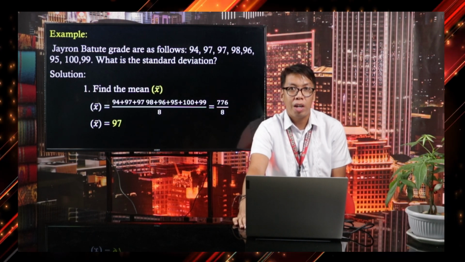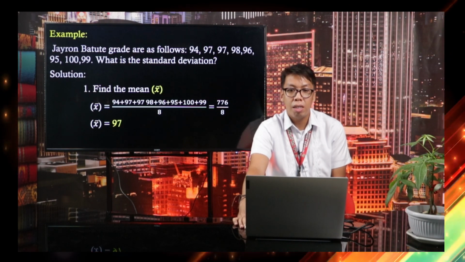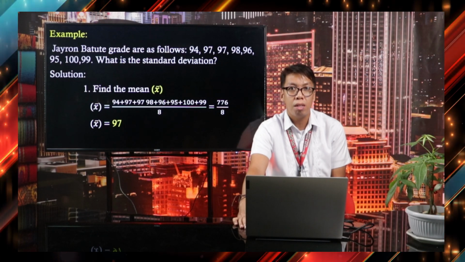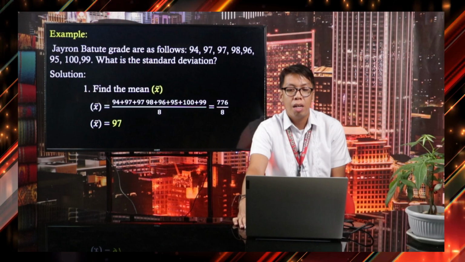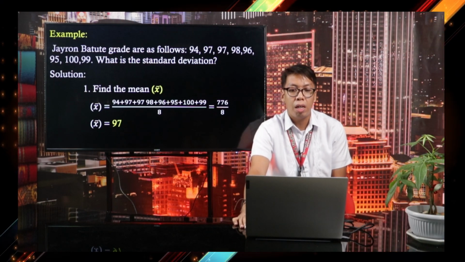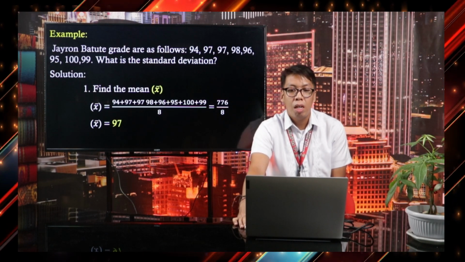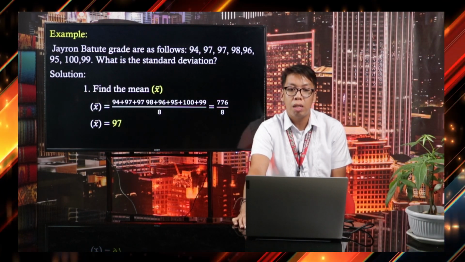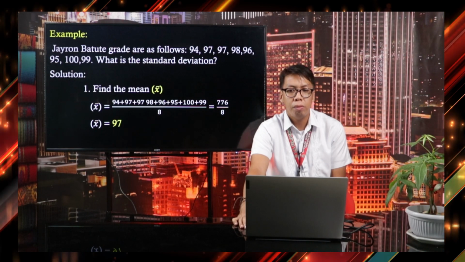First, find the mean. 94 plus 97 plus 97 plus 98 plus 96 plus 95 plus 100 plus 99 is equal to 776, divided by the number of scores, which is 8. 776 divided by 8 is equal to 97. So our mean now is 97.